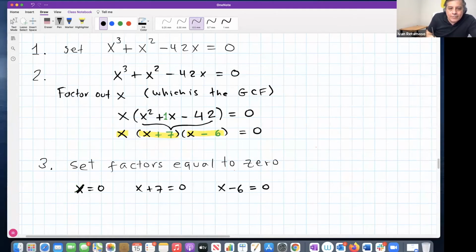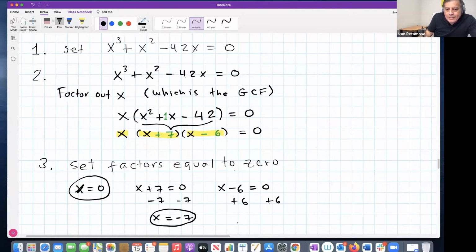This is the first 0, x equals 0. From here, subtracting 7 on both sides of the equation leads to x equals minus 7. This is going to be your second 0. Adding 6, after canceling these 2, x equals 6 is going to be your third 0.